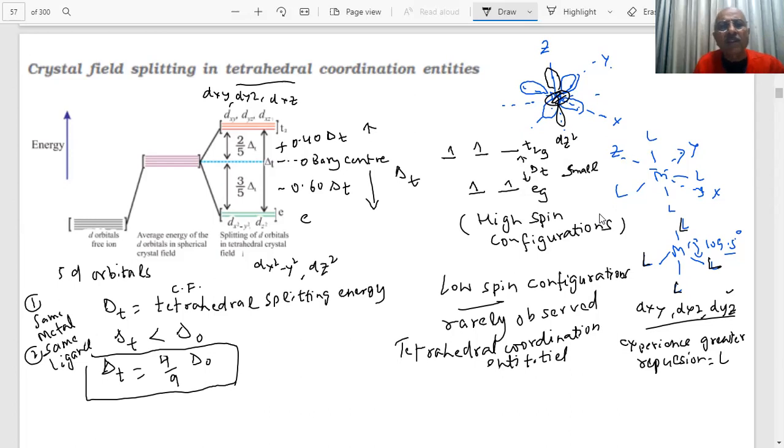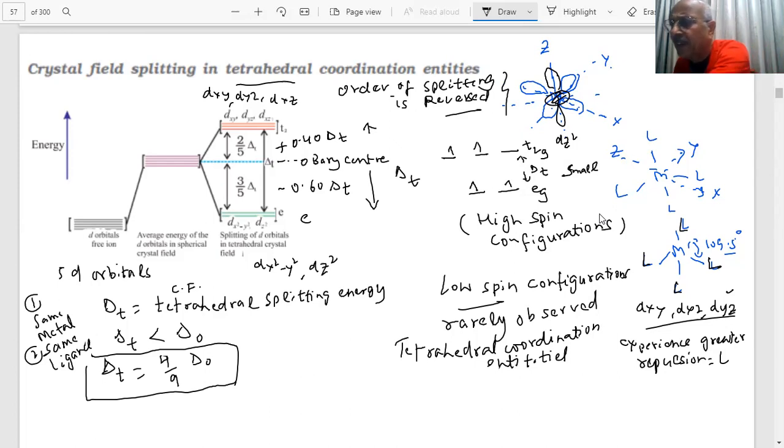So here you have seen the order of splitting is reversed. The reason we have told you: the ligands are not coming from the x, y, and z axes in this case, they are coming at an angle from them.